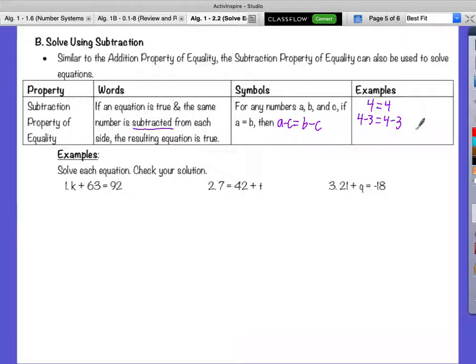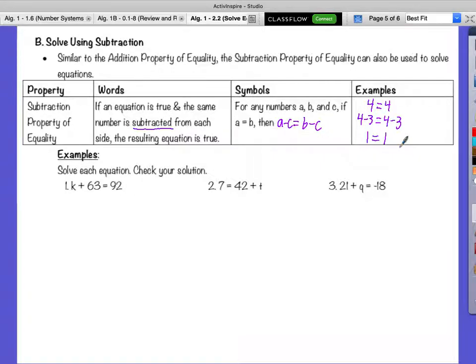I have to choose the same number, right? Would it work if I choose a different number? No, then it's not equal. What is 4 minus 3? 1. So 1 does equal 1.